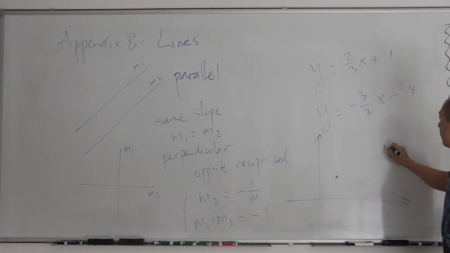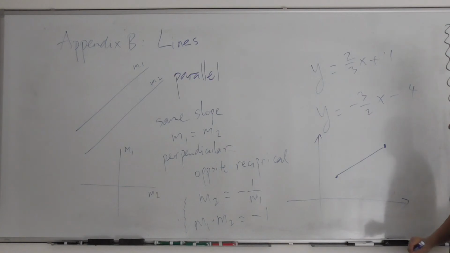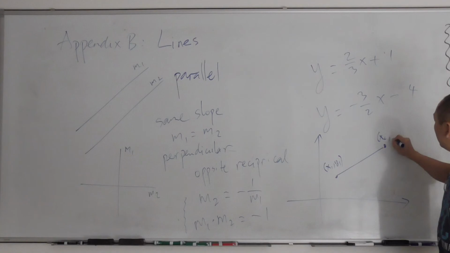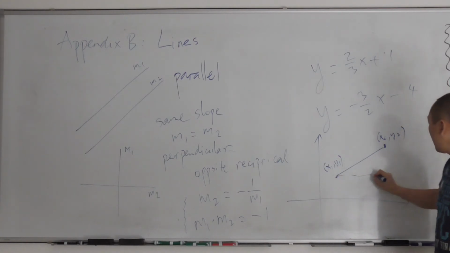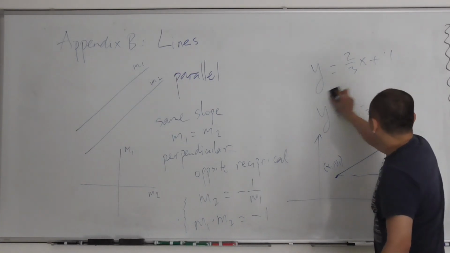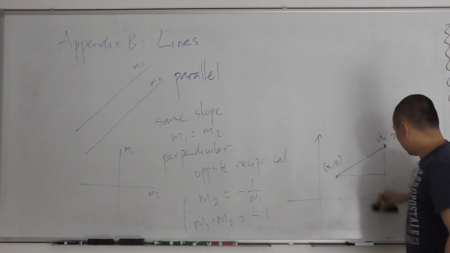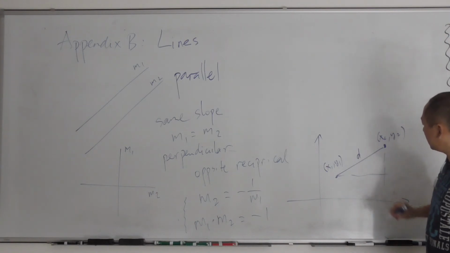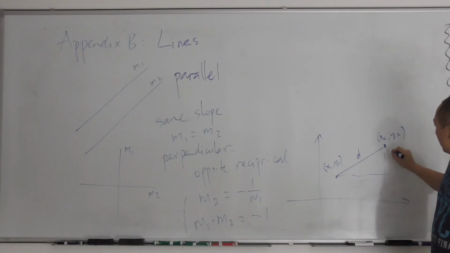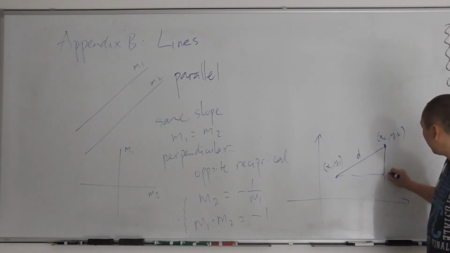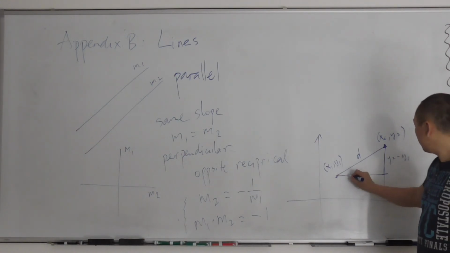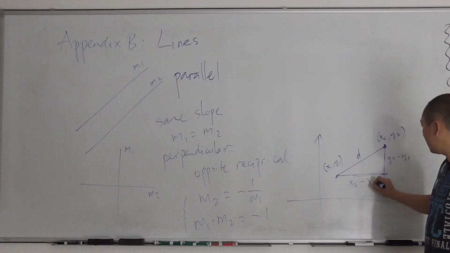And then there is a bonus in this section. What if you are given two points and you want to calculate the distance between them? I call this point x1, y1 and this point x2, y2. The distance is calculated using the Pythagorean theorem. Let's call the distance d, which is the hypotenuse of the right triangle. The vertical side is y2 minus y1, and the horizontal side is x2 minus x1.